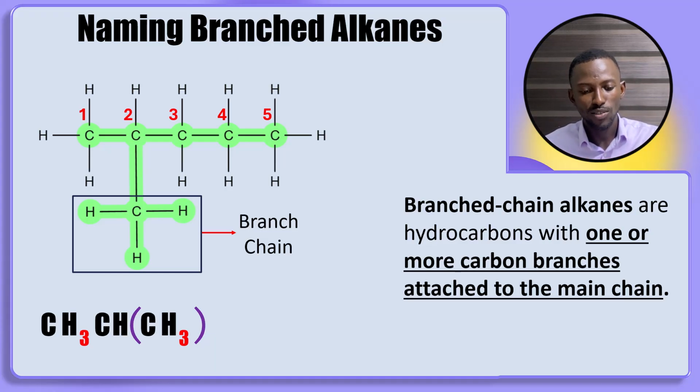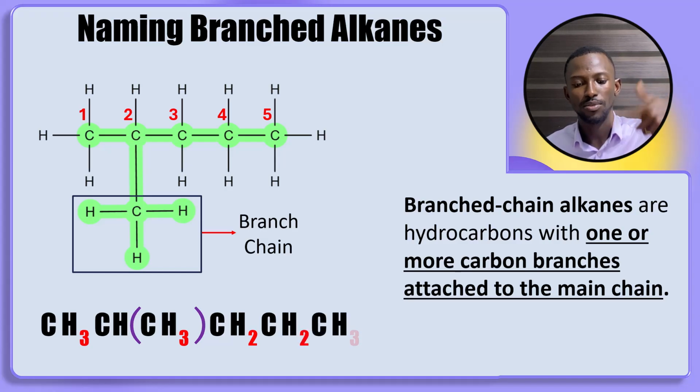Then it is bonded with the next hydrogen. Now, the next carbon. Carbon number 3 is bonded with 2 hydrogens. Carbon number 4 is also bonded with 2 hydrogens. And carbon number 5 is bonded with 3 hydrogens.